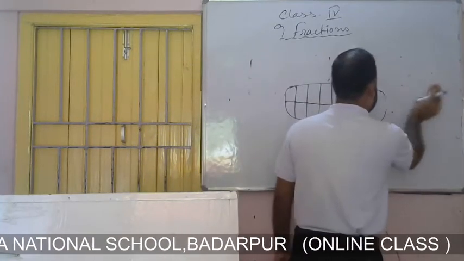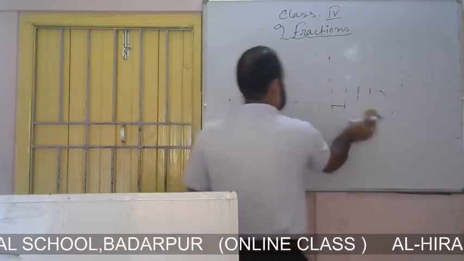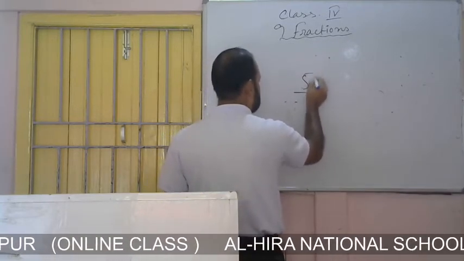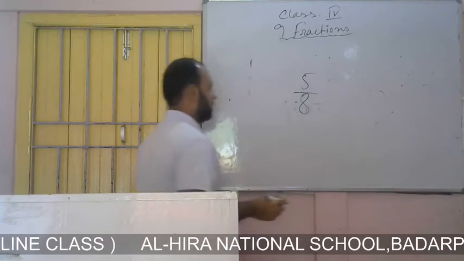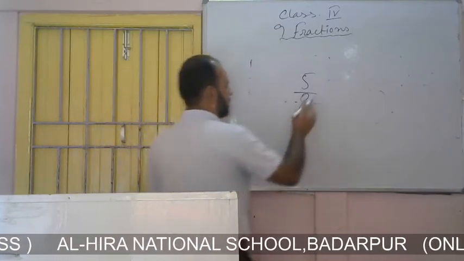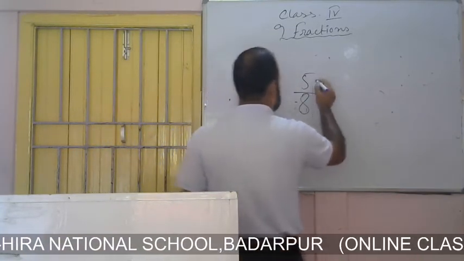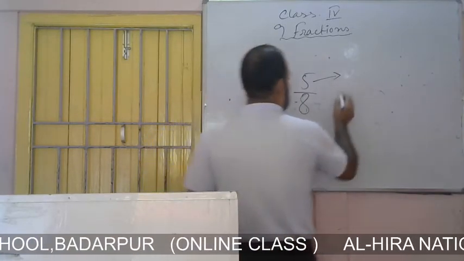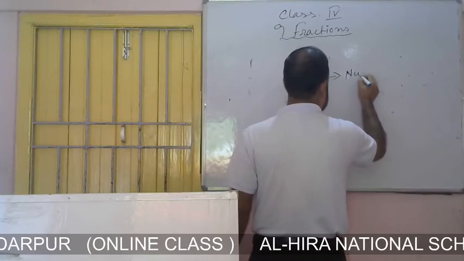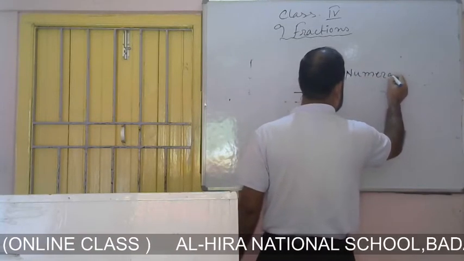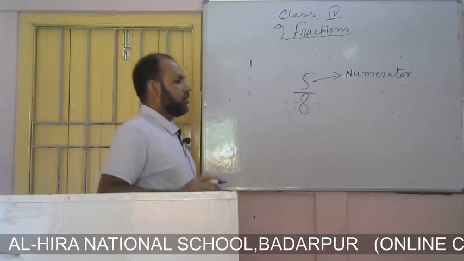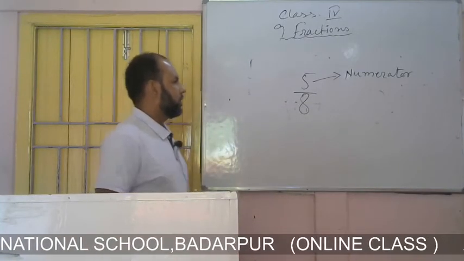So, in a fraction we get 3 things. Suppose 5 by 8. The number on the top is called the numerator.